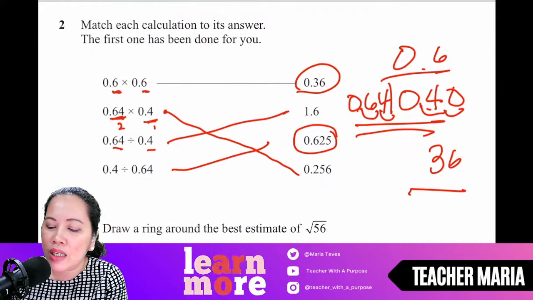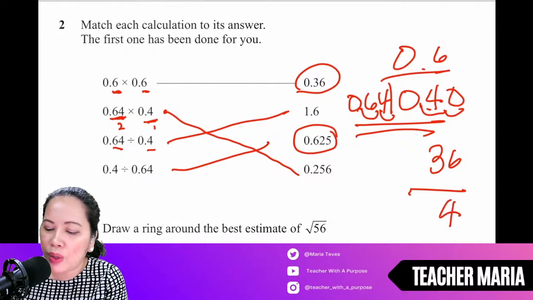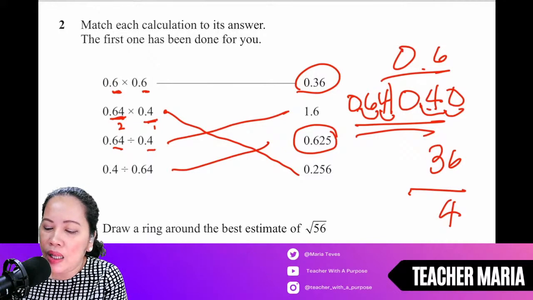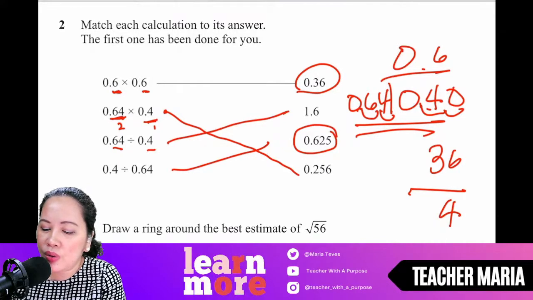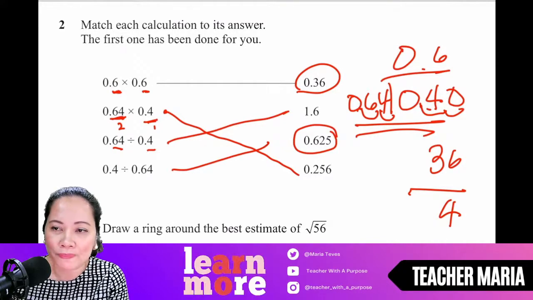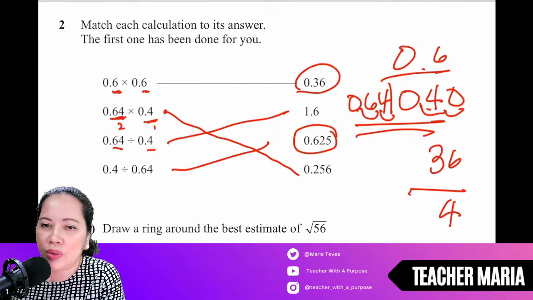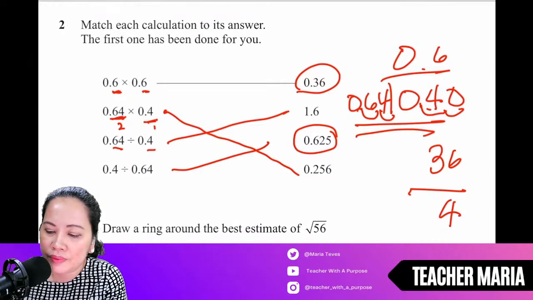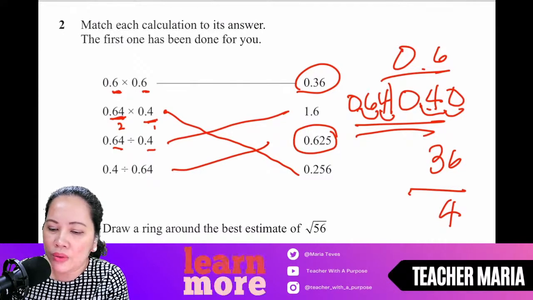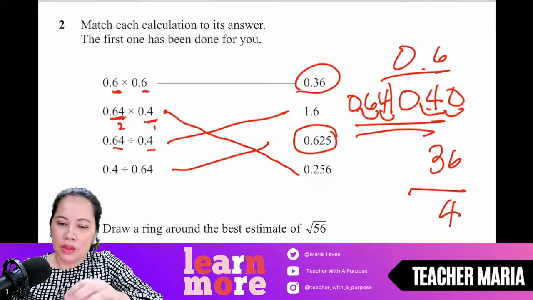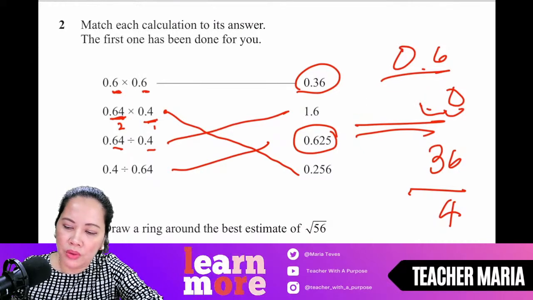That's a 40. So you will have another 40 minus 36. That's a 4. And then you need to divide it as well again. And then you continue adding on.